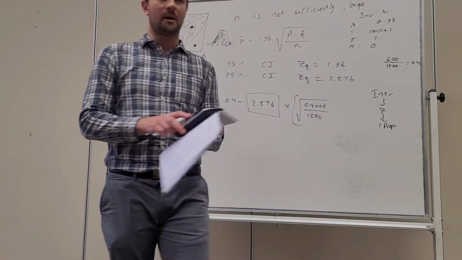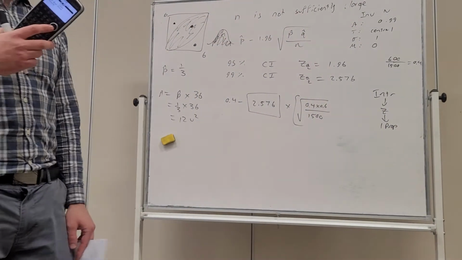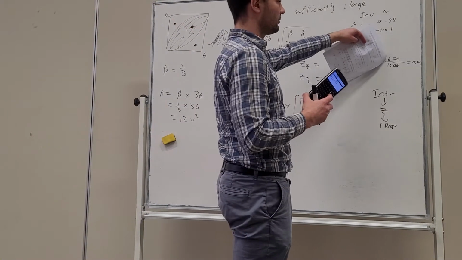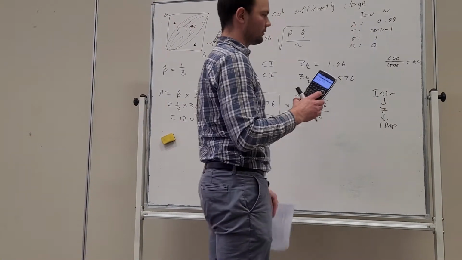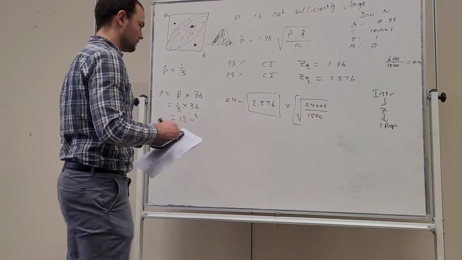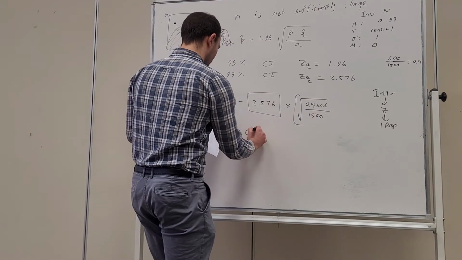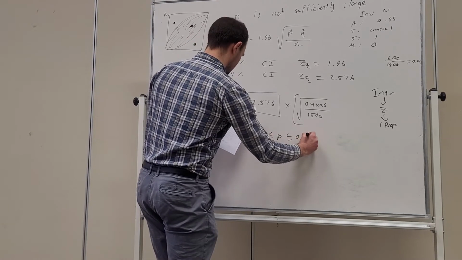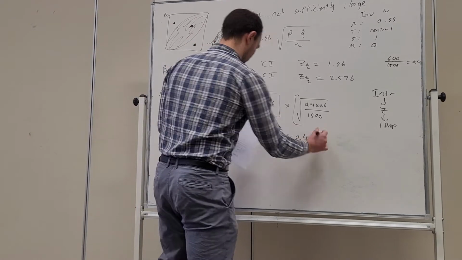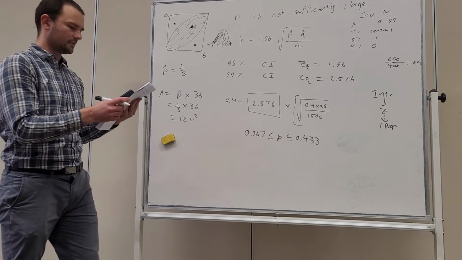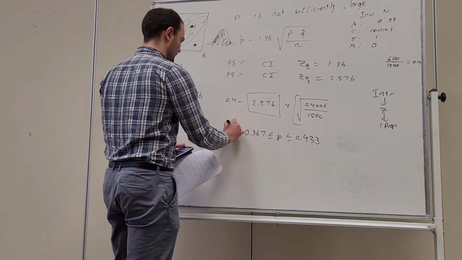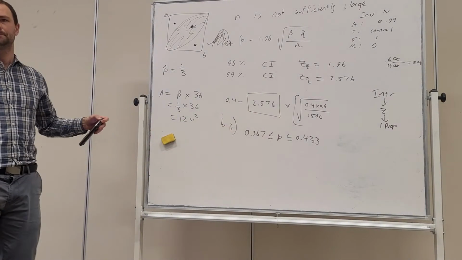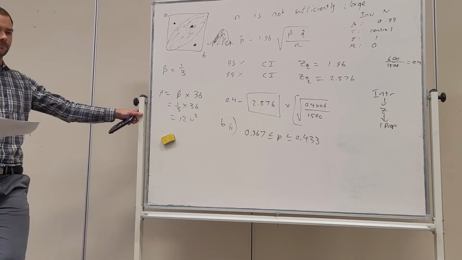Then I'm just putting the information in there. Confidence 0.99, 600 successes, or 600 in the shaded area out of 1500. And the confidence interval I've generated is 0.367 is less than P, which is less than 0.433. So that's our answer to part II B.